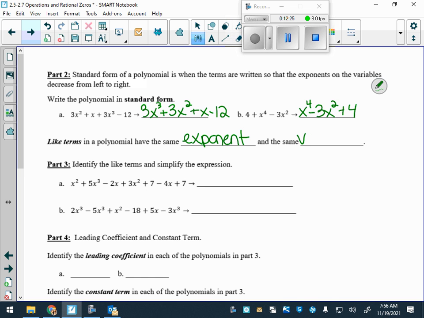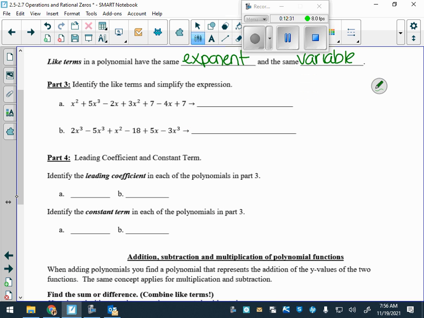Awesome. Good job. Okay. So now in part 3, you want to identify the like terms. Okay. So, starting with your highest exponent, what am I going to start with first to write this in standard form? Hannah? Good. 5x cubed. There's nothing else to add to.